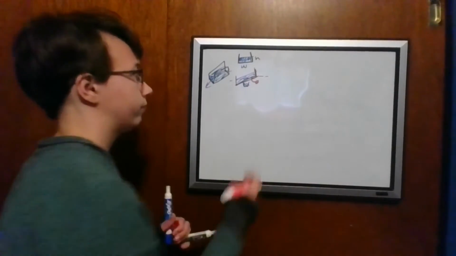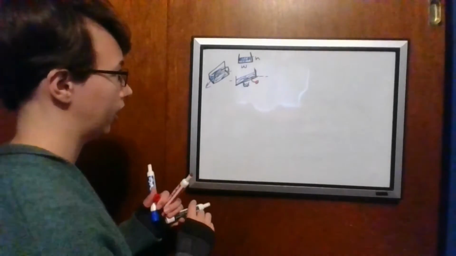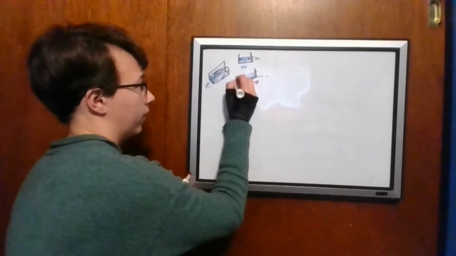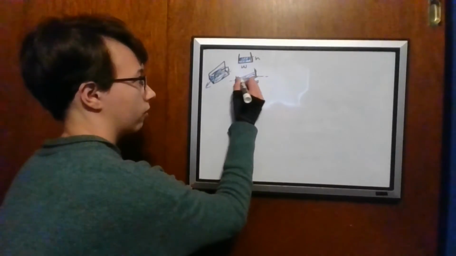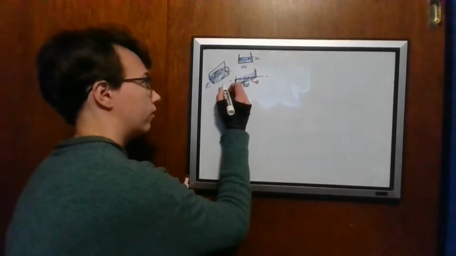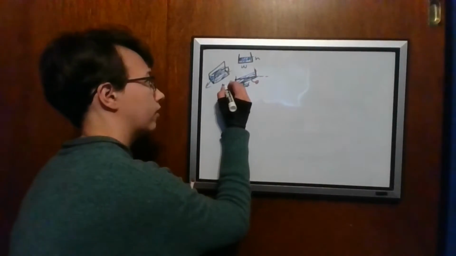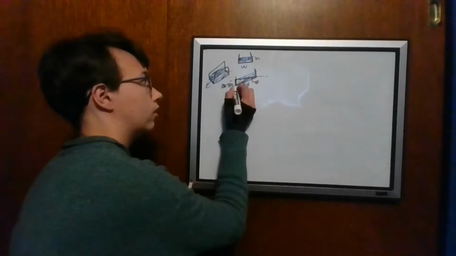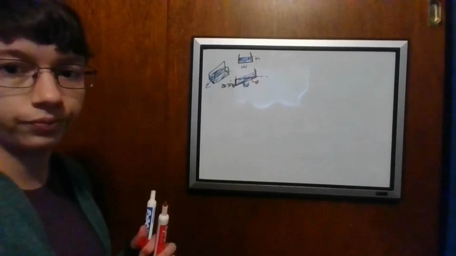That's theta. And so we can also get at this length here, because we've got a right triangle. So that length here is going to be delta x times sine of theta.